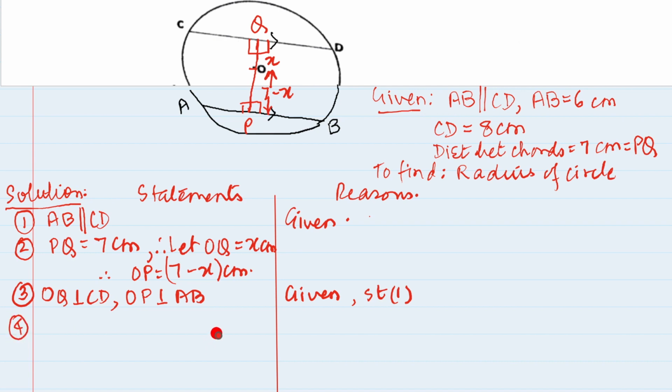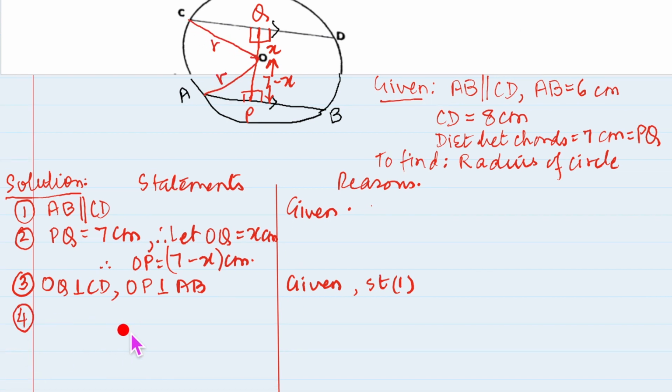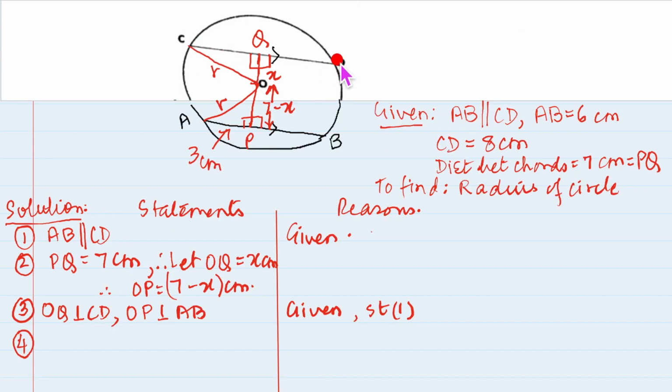Statement number 4. Now if we need to find the radius, we need to take this triangle here and this triangle here. Now in statement number 4, remember AB has been given as how much? 6. So AP is going to be 3 centimeter and CD is given as 8. So this is going to be 4 centimeter.